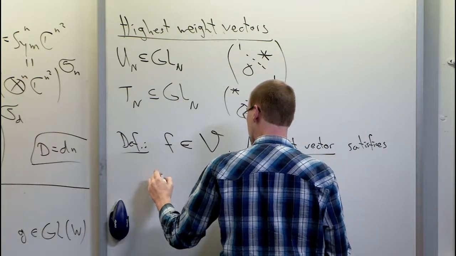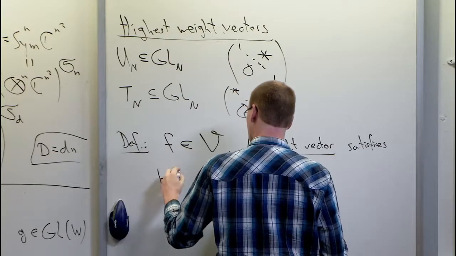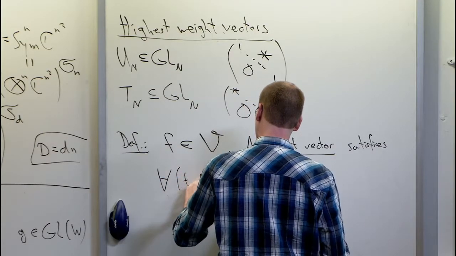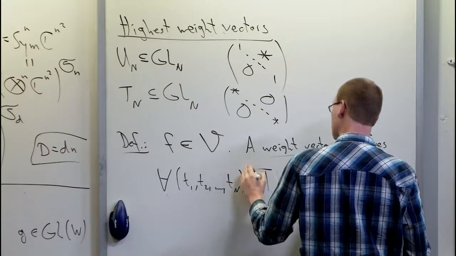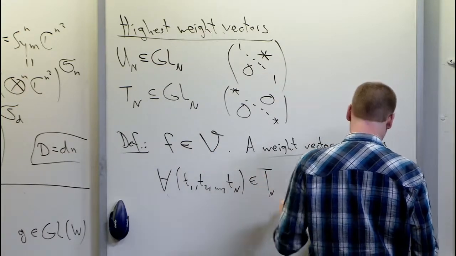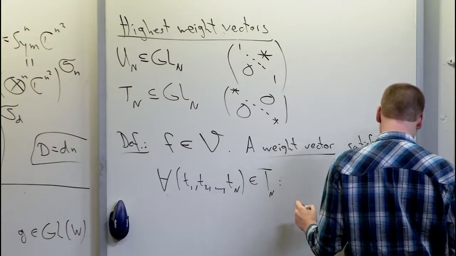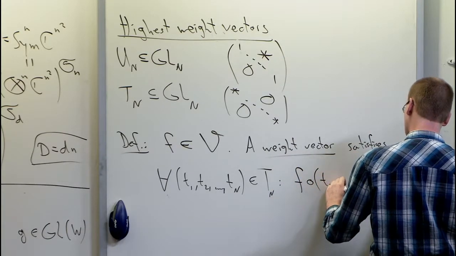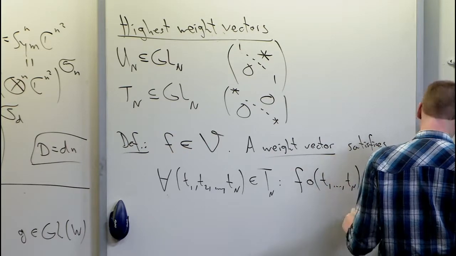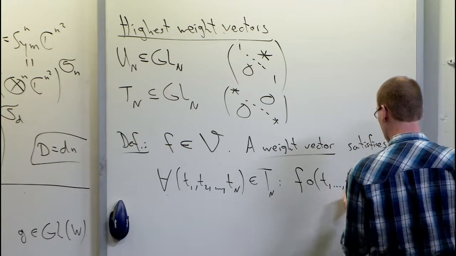It says that for all T1, T2, up to Tn in the torus, if you act on f with the torus, it is just scaled.